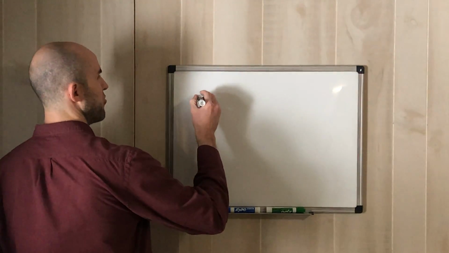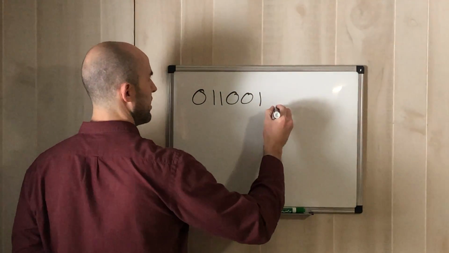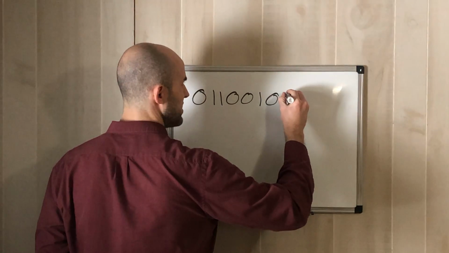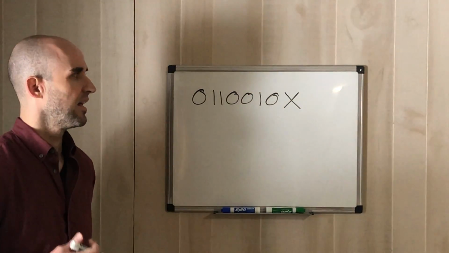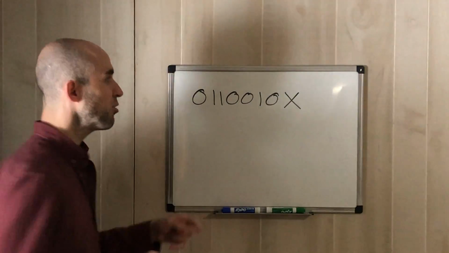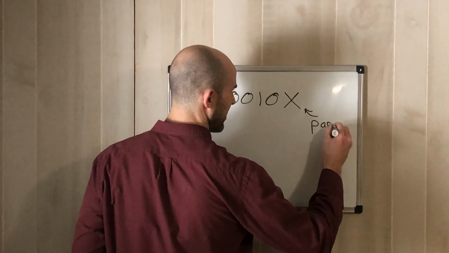So let's say that I gave you this: 0, 1, 1, 0, 0, 1, 0, and then let's call this last one x, right? What that x represents would be our parity bit.